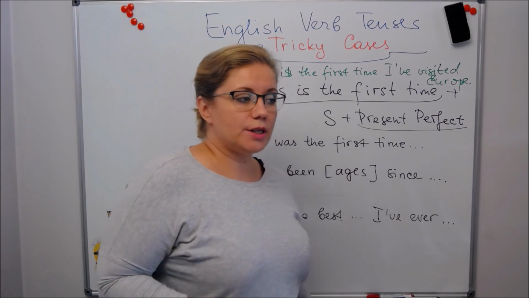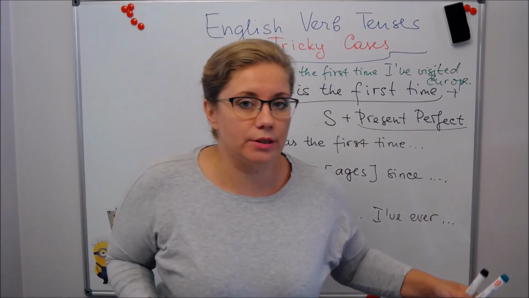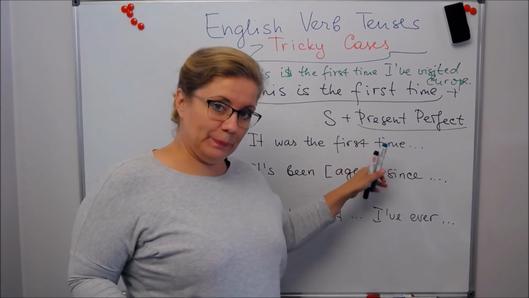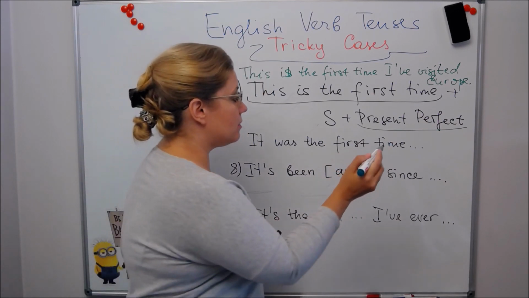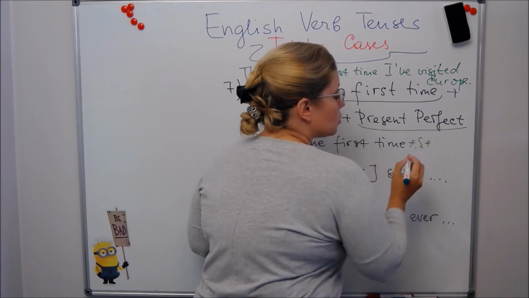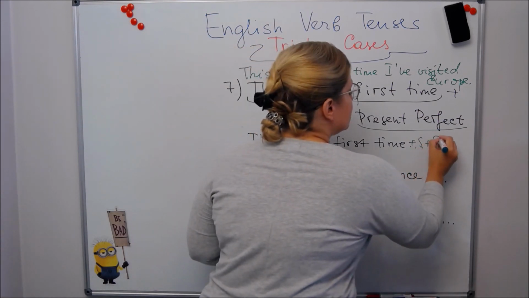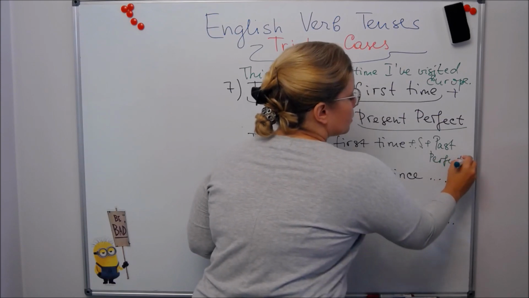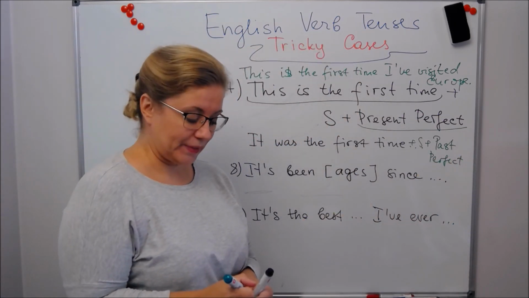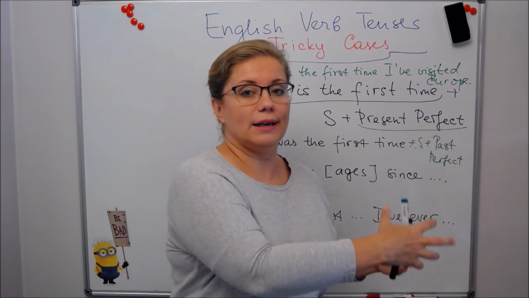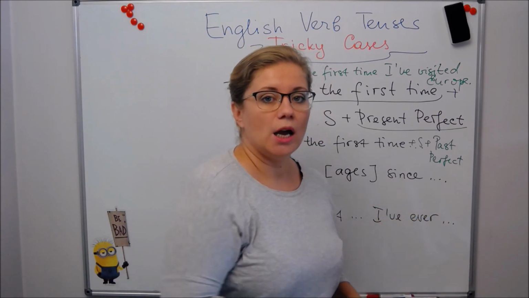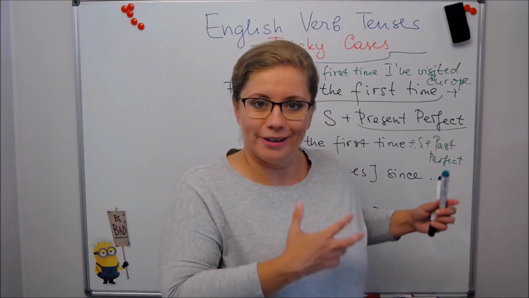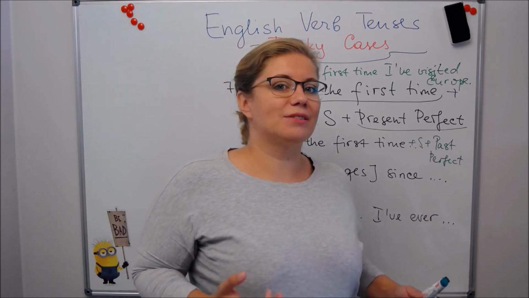And if you are describing some kind of past experience, it was the first time, the structure will stay the same, but you need to coordinate that, and instead of the present perfect, you will use the past perfect. It was the first time I had seen her. It was the first time I had spoken English to a real person, yes, something like that.